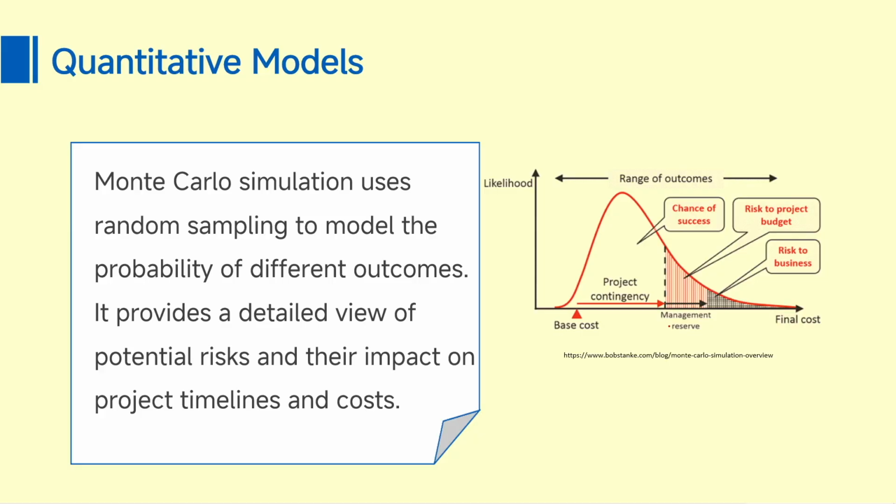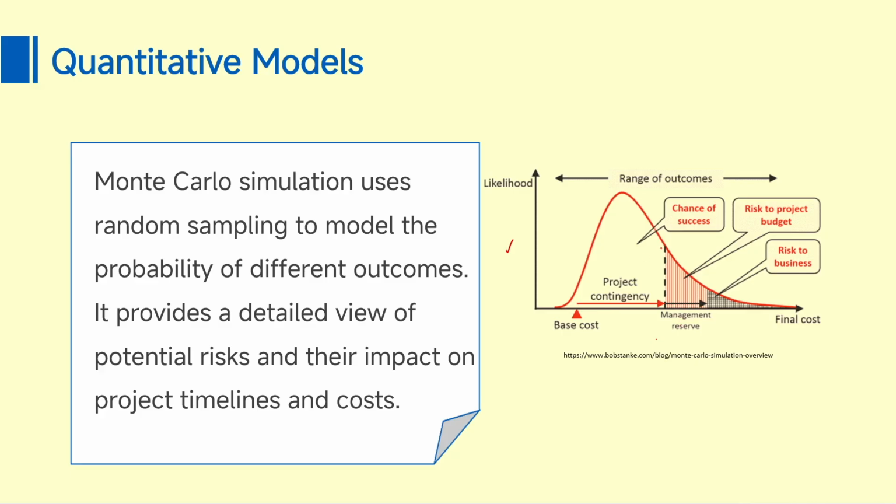So, next we will look into the quantitative models that are used in identifying the risk and the corresponding impacts. So, one is Monte Carlo simulation, where we use random sampling to model the probability of different outcomes. If you consider this diagram, we have the likelihood of risk on the y axis and the cost on the right axis. So, from this what we can understand is the risk that is associated when the project has a contingency measure.